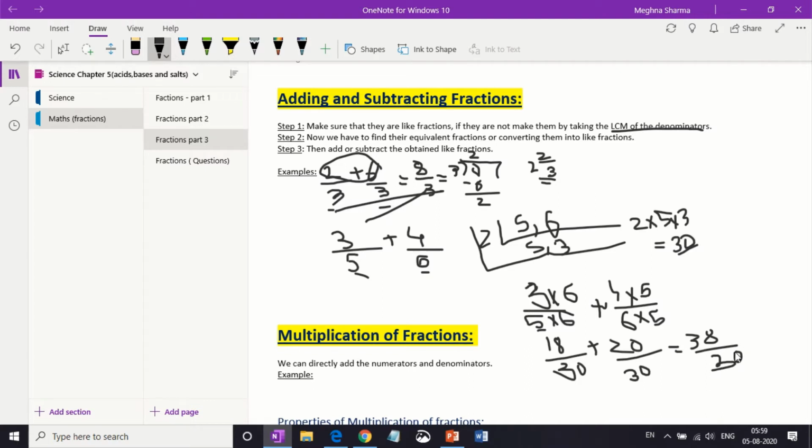This again you can convert into a mixed fraction by taking division again.